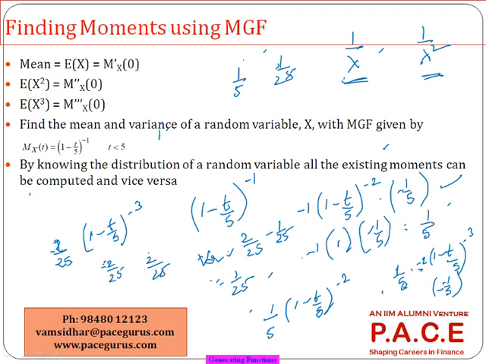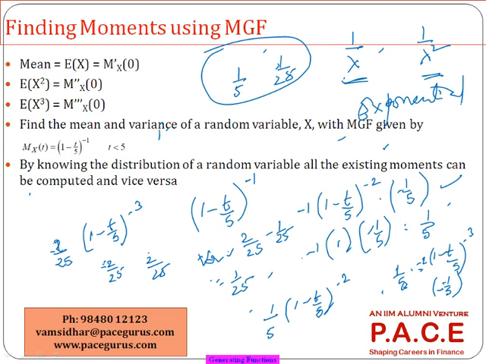This is the example which we have got, right? In this example, we got mean as 1 by 5, variance as 1 by 25, which is variance is the square of the mean. Now, this is the example of exponential distribution. In the exponential distribution, we have mean as 1 by lambda, variance is 1 by lambda square, which is nothing but the variance is the square of the mean. In a Poisson distribution, variance is equal to the mean.